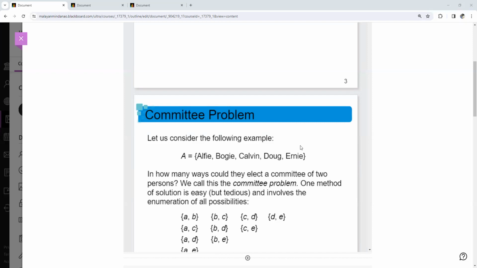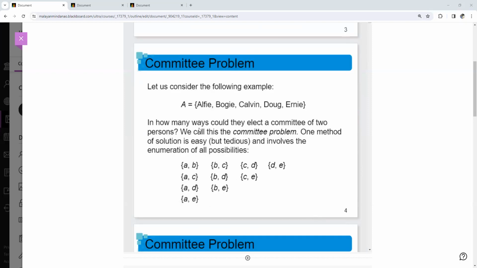An example of a combination problem is the committee problem, where you are asked to elect a committee of several persons from a certain group. For example, how many ways could you elect a committee of 2 persons from a set of 5 people?